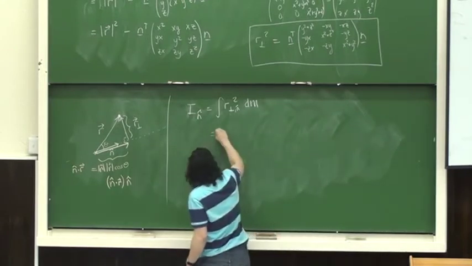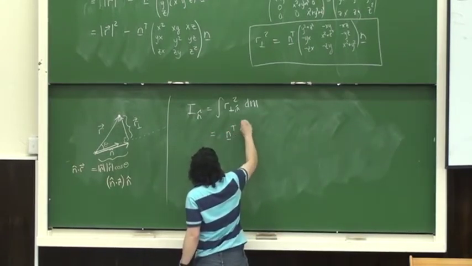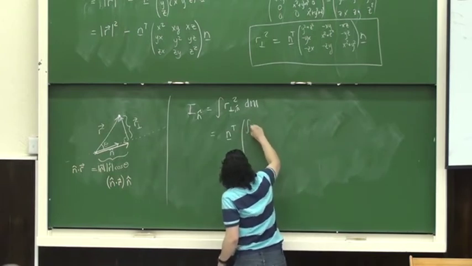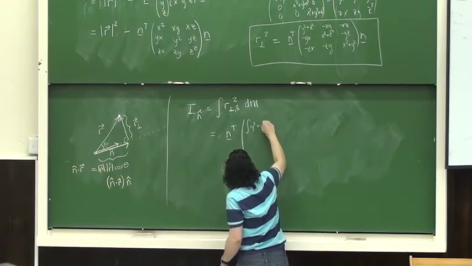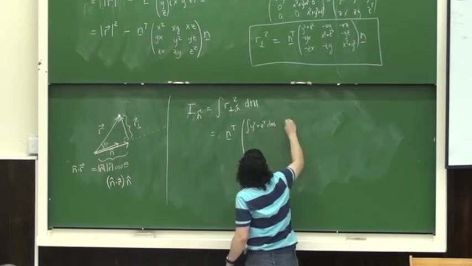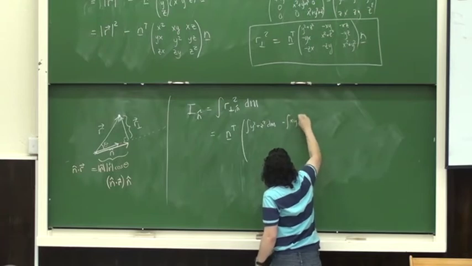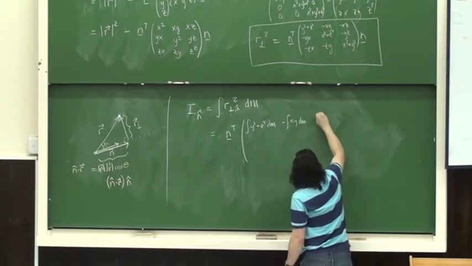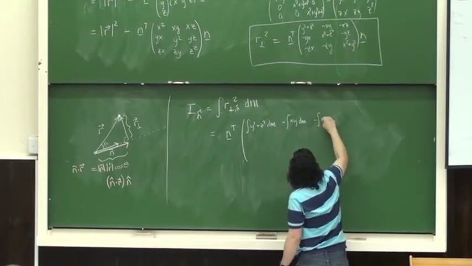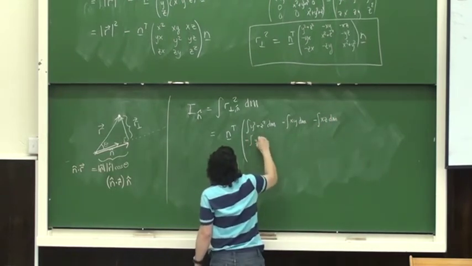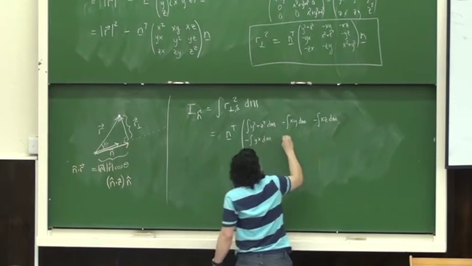So what do I get? I get n transpose times now the integral of these guys. Integral of y squared plus z squared dm. Minus integral of xy dm. Minus integral of xz dm. Minus integral of yx dm.